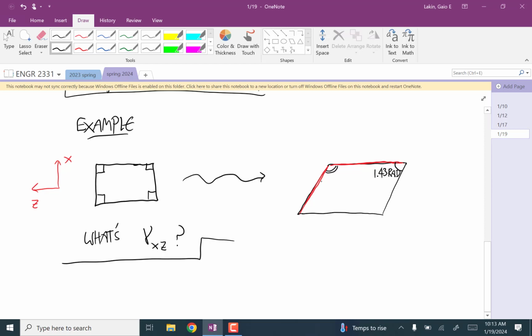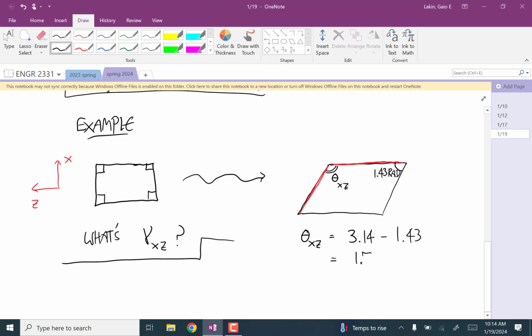It's a parallelogram, so those have to add up to pi. And so this is the angle that we want, theta XZ. And so theta XZ is equal to 3.14 minus 1.43.